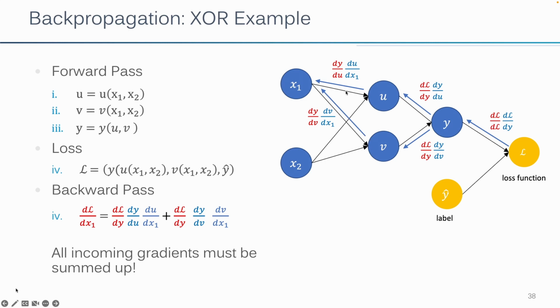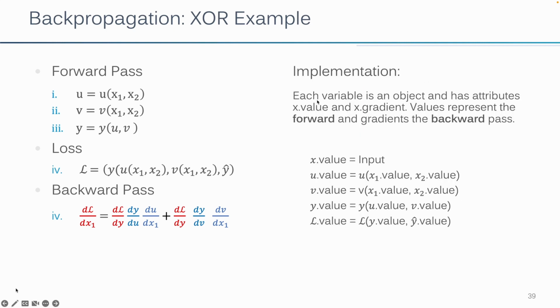So here, each of these weights can be computed together, but the gradient for x1 in dependence of the loss is the sum of each of the individual routes here. We can implement this in a fairly straightforward way by assigning each of these nodes an object, and each of these objects has attributes for value and gradient.